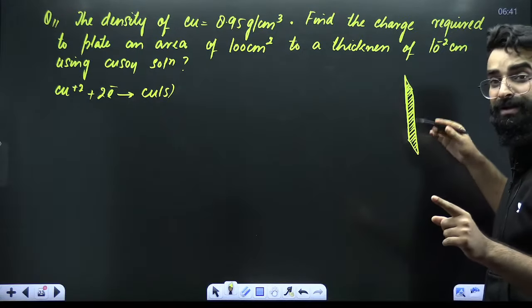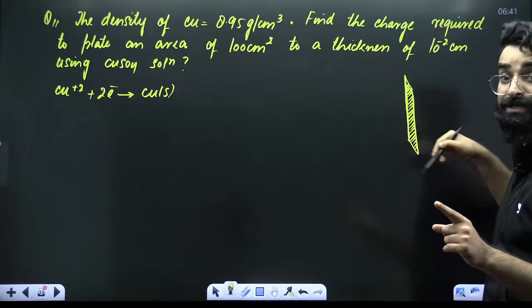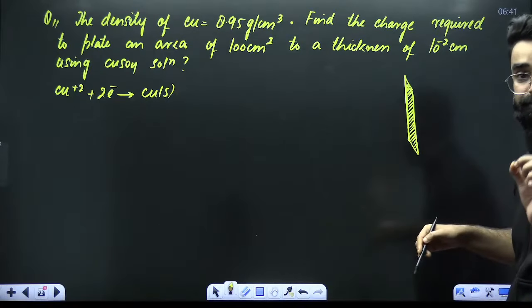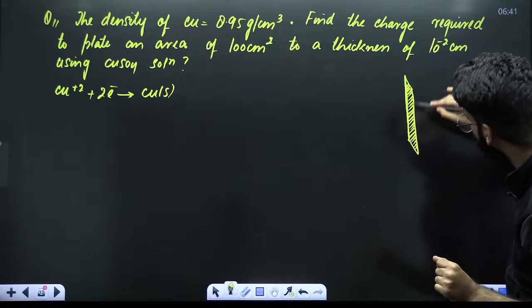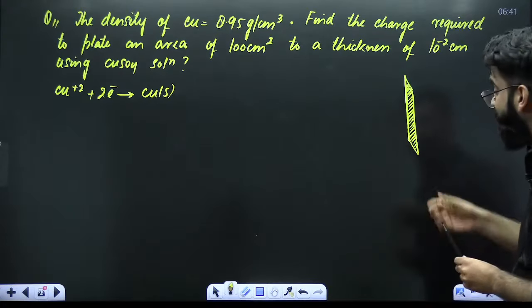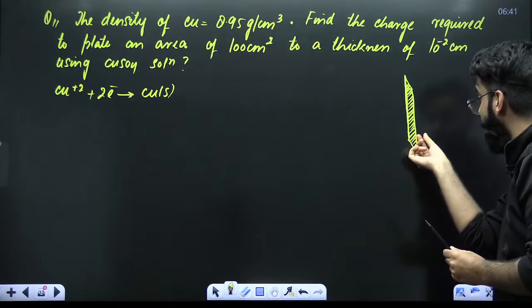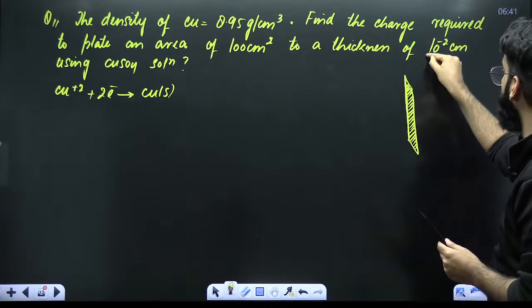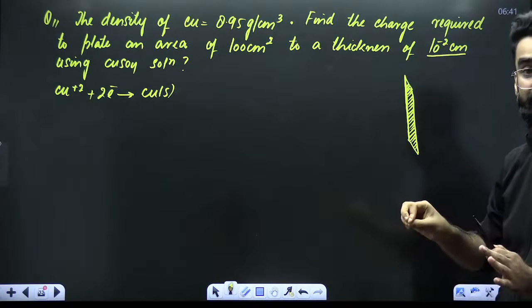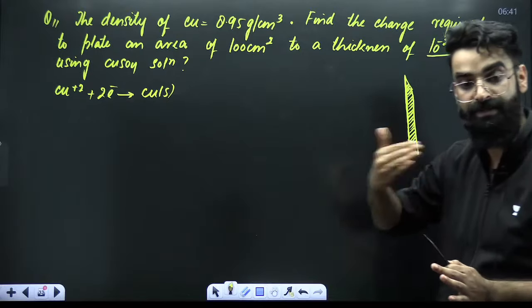We have to continue the electrolysis till the entire surface gets covered with the copper. And after that, the thickness of the copper on this plate should be 10 raised power minus 2 centimeters. Till then, we have to continue the electrolysis.